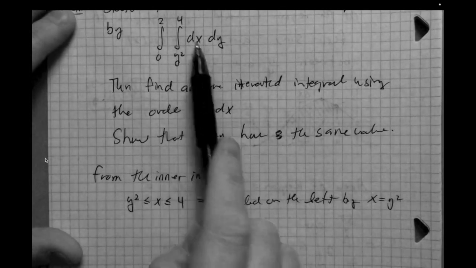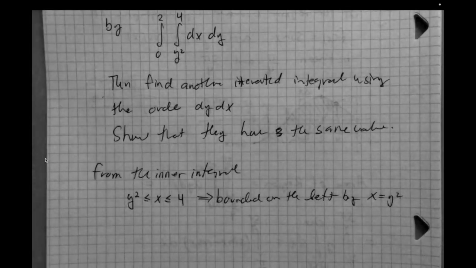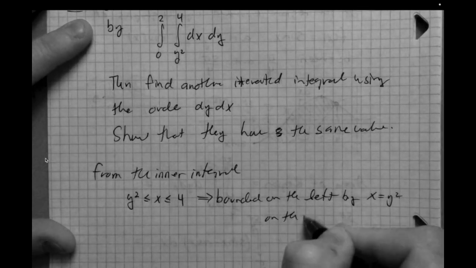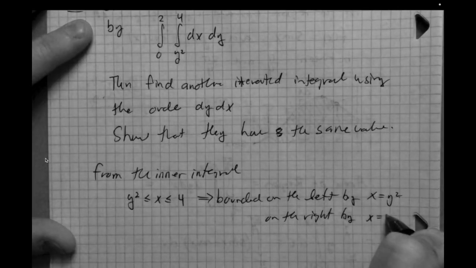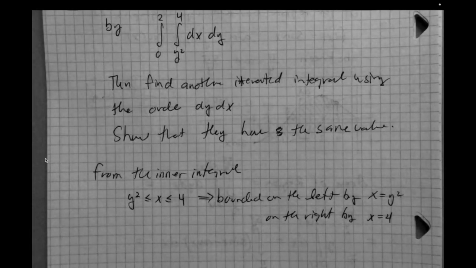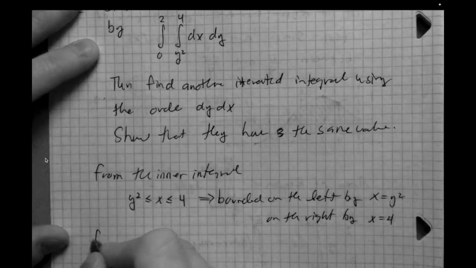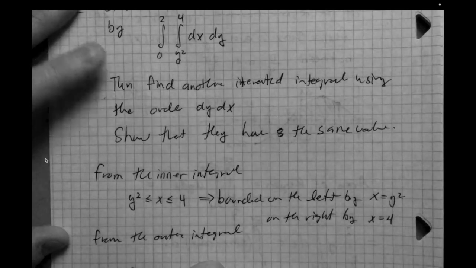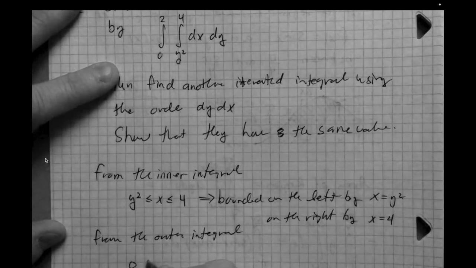because this is integrated with respect to x. Okay. And on the right, of course, by the line x equals 4. And so the outer integral tells us that y is going to be between 0 and 2.